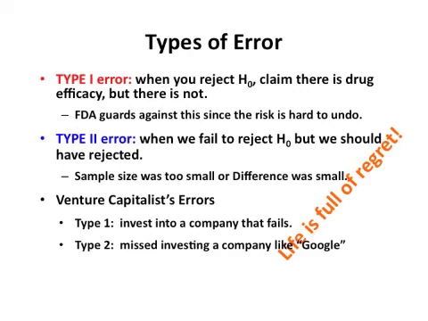Type 2 means there was a small company and the owners of that small company named Sergey and Page came to you to ask you for money. You said, what is a search engine? I don't like it. You miss it. Then 10 years later, you feel regret. That's type 2 error. Okay? That's all you need to remember today. Type 1 error, type 2 error.